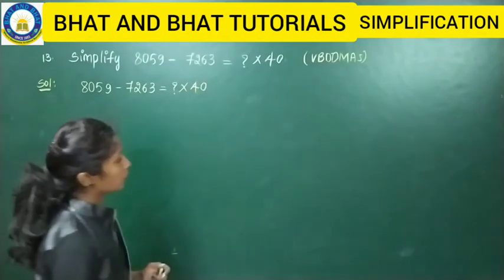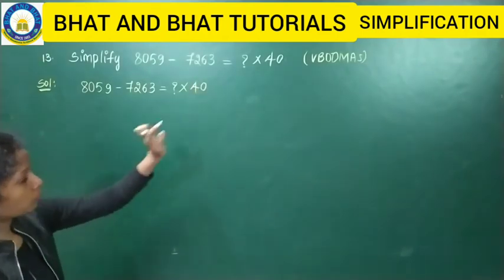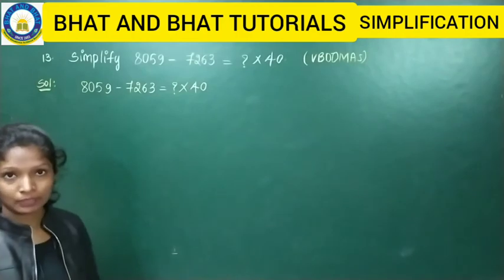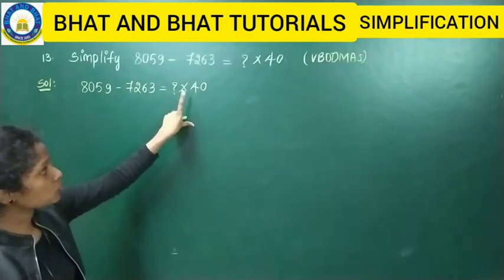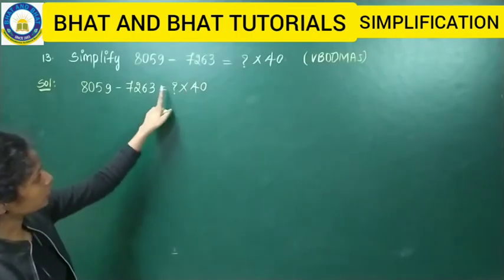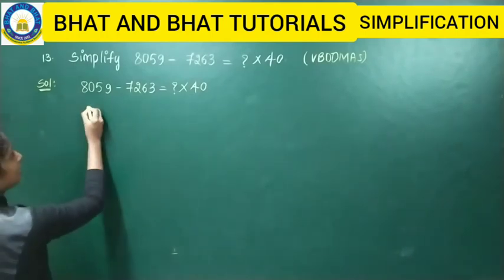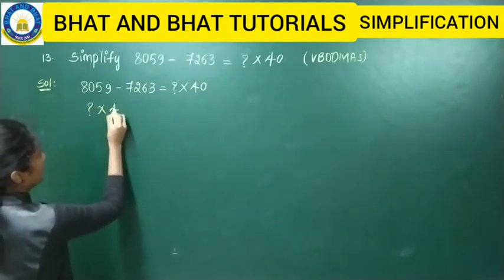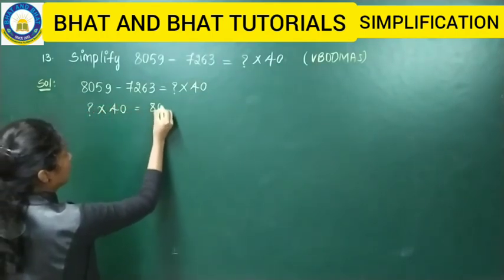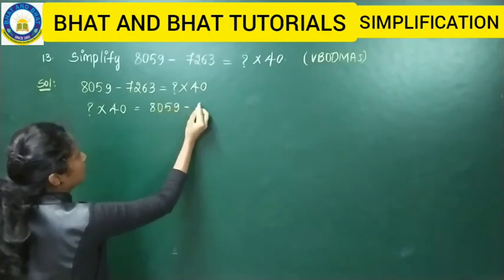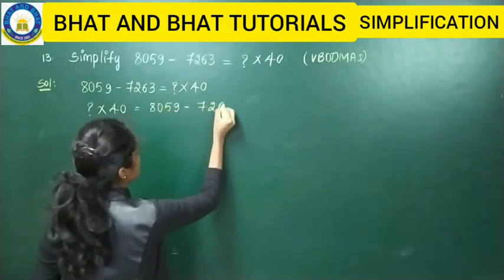So according to BODMAS rule, first is multiplication. To solve this, we don't have any value. So I'll just take that on my right hand side is equal to 8059 minus 7263.